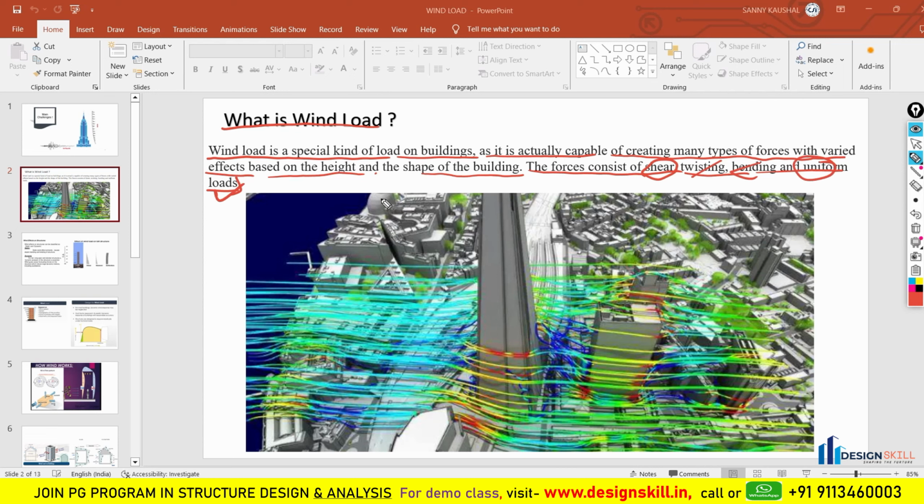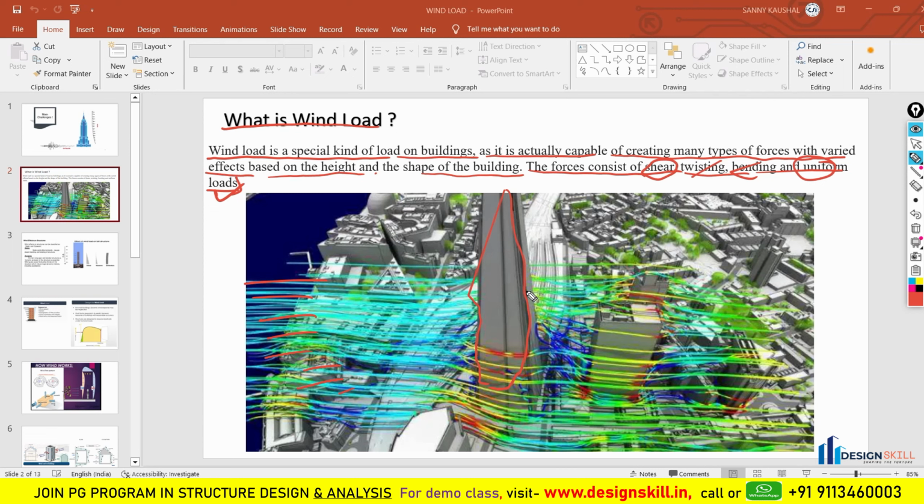In this picture you can see that the wind load is applied to this particular building, and it is creating forces based on the height and the shape of the building. These forces also consist of shear, twisting, bending, and uniform loads.